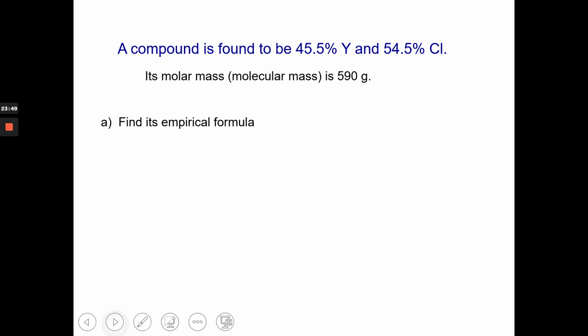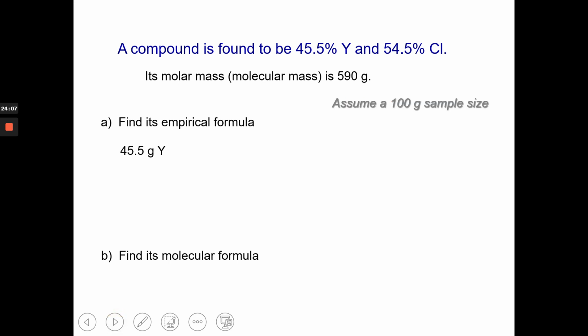Find its empirical formula, and once we do that, use that information to find its molecular formula. So let's see if we can remember what to do. Step 1 was to convert percent into grams. So assuming a 100-gram sample, then we have 45.5 grams of yttrium and 54.5 grams of chlorine.